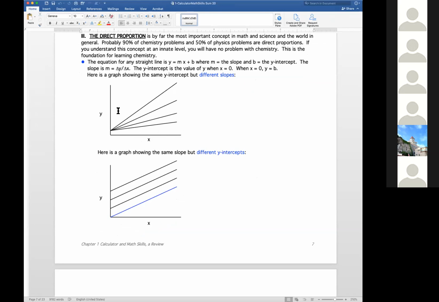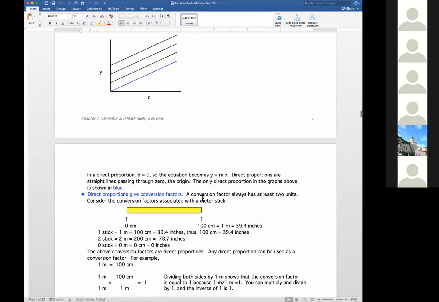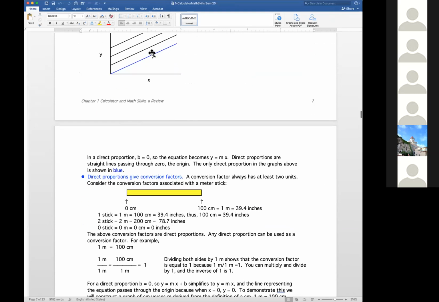So do you understand why these are not direct proportions? This is y is equal to mx plus b. B is right there. An example of that was all the equations interconverting between the temperature scales. So here is the only direct proportion.